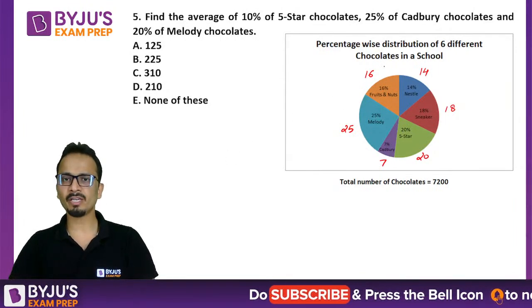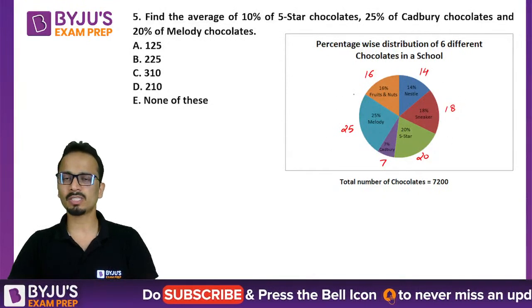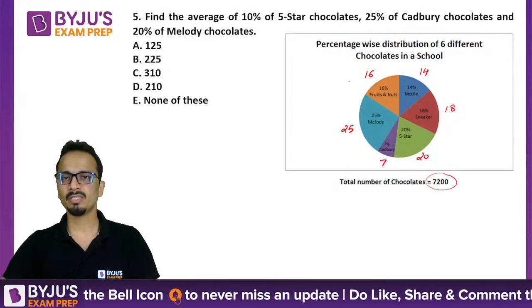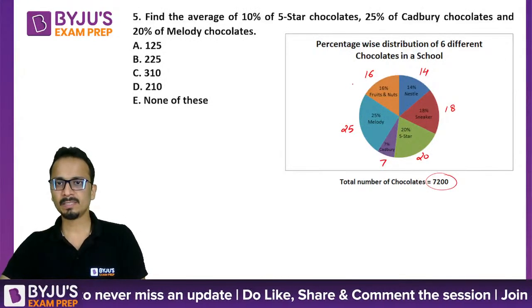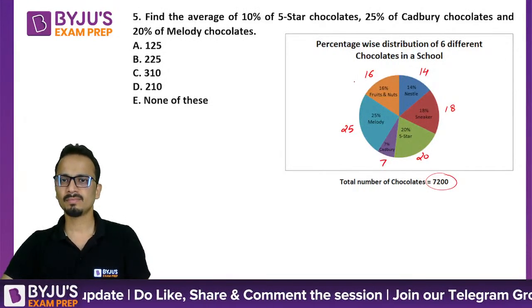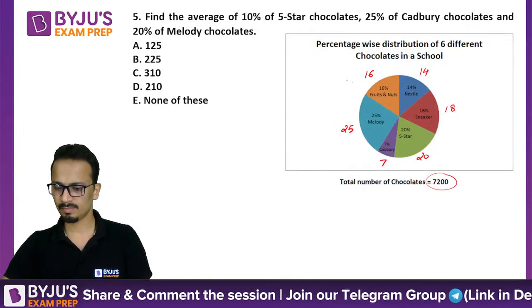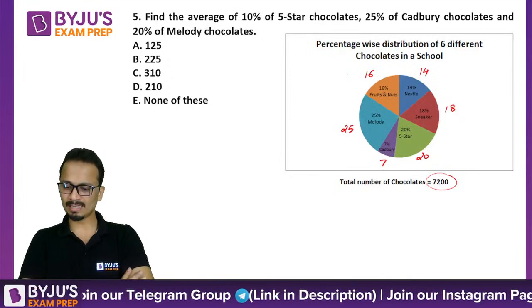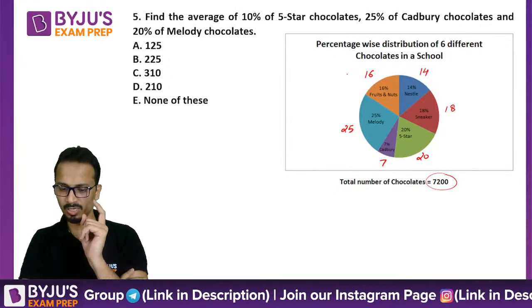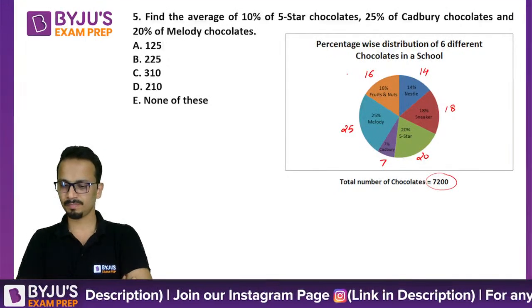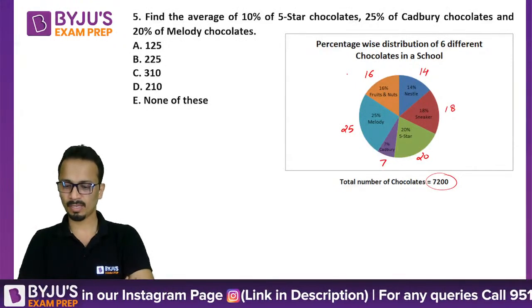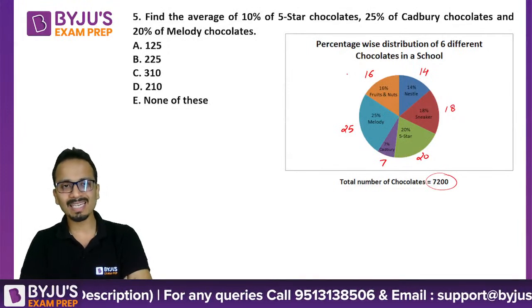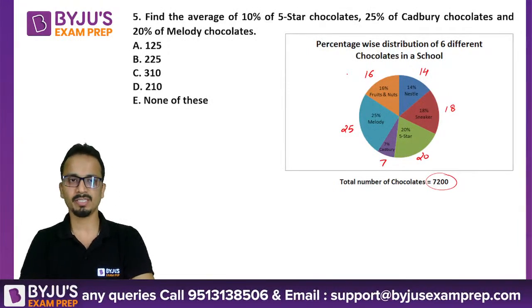Aishwarya, I have written all the percentage values outside the pie and the total number of chocolates is 7,200. All right. So I've got 1 answer only from Rishikesh. Yes, believe me, this one is slightly on a higher level of difficulty.